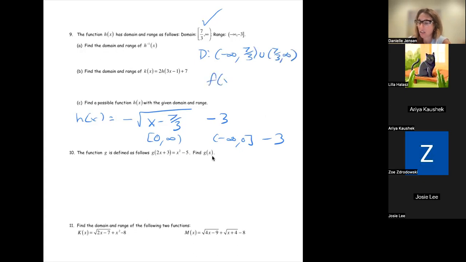Then I could have some number over x minus 7/3, or over 3x minus 7 in the bottom. But then the range would have to be totally different. I wouldn't have this type of range if that was the domain. Okay, yeah.